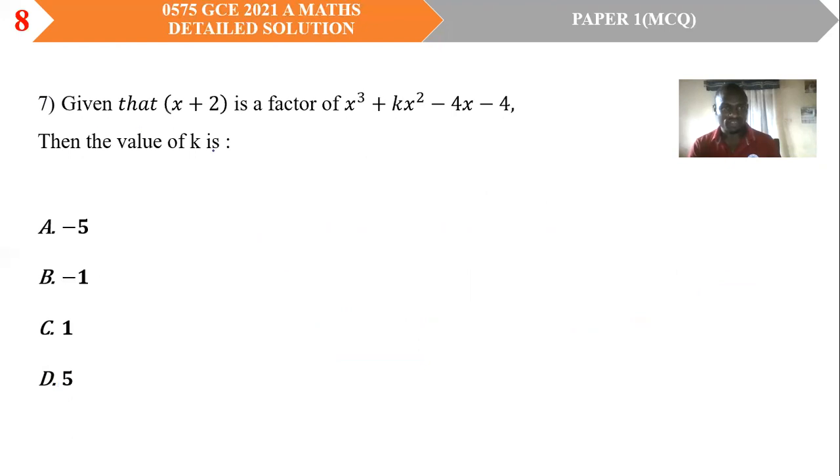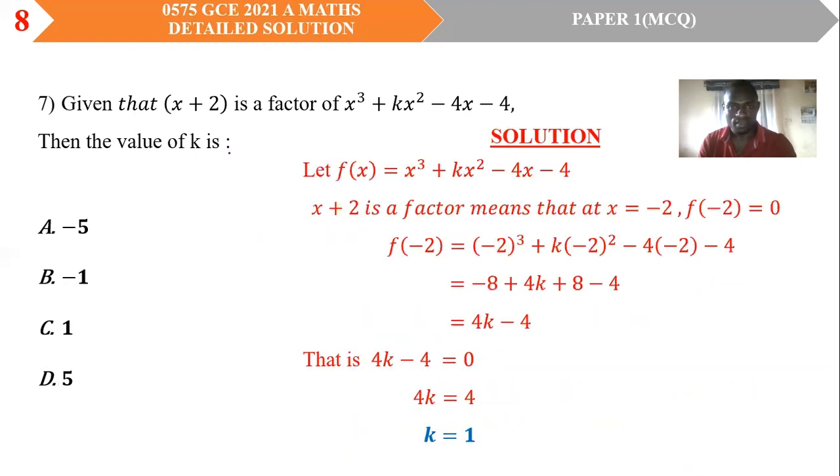Question 7. Given that x plus 2 is a factor of x cubed plus kx squared minus 4x minus 4, then the value of k is, let f of x equal x cubed plus kx squared minus 4x minus 4, meaning that this polynomial like this, we let it be f of x.